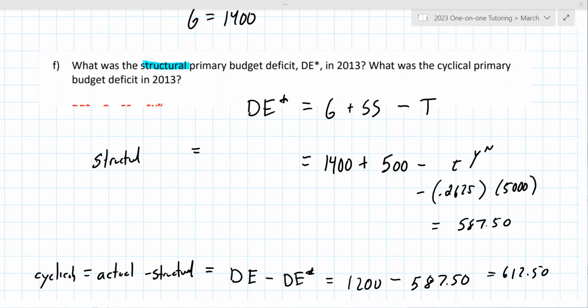Any other thoughts, comments, questions on that? No, this makes sense. I'm just double checking everything. And then 612. Yes, okay. That makes sense.